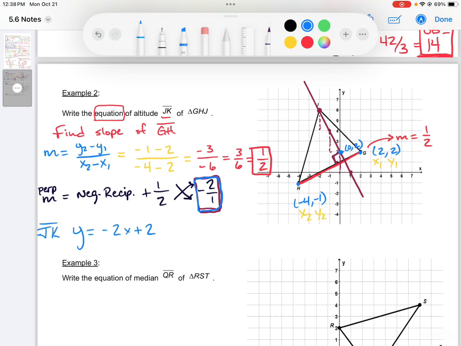That is the equation of JK. And again, if it helps, you can just go right here and put a K. That way you know it's J to K.